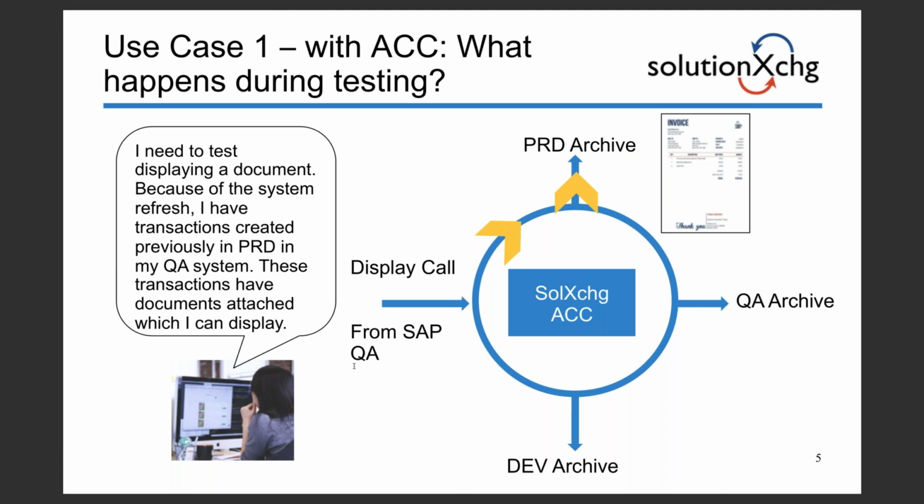So how does that work? The ACC receives a display call from the SAP QA system. It then looks at it and basically, like a roundabout, it then checks first the production archive. Do I have this document ID?